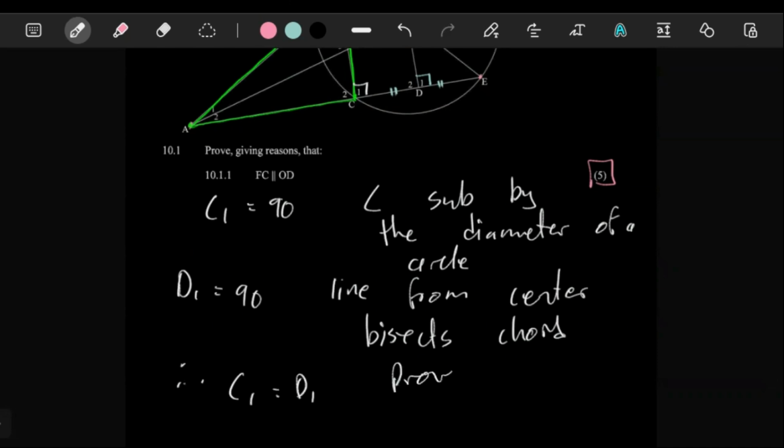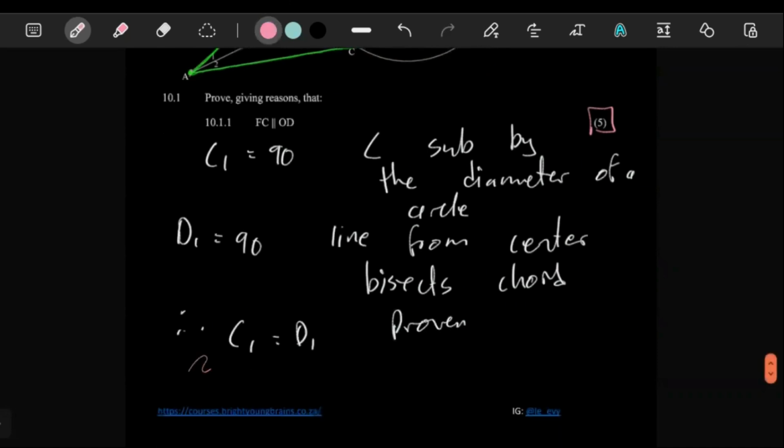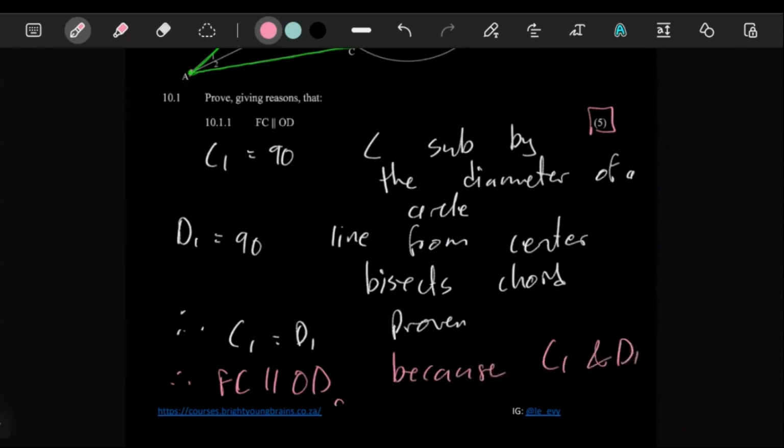See, we've just proven it. So because they're equal, we can then say, therefore, FC is parallel to OD because C1 and D1 are equal corresponding angles.